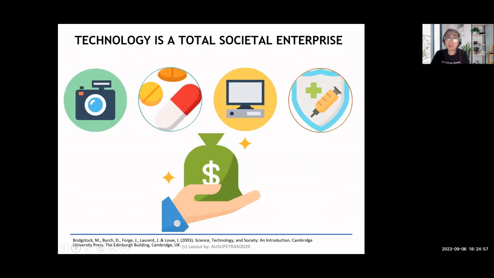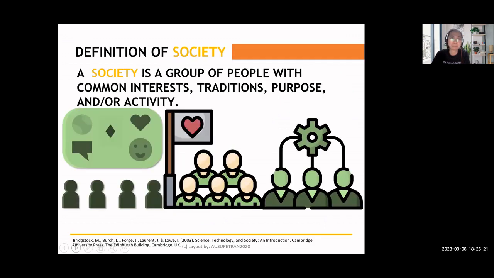Then I've mentioned before that technology is a total societal enterprise. Everything that we see in our society right now is actually driven by technology. We can see that in medicines, in information technology, in our health system, and in a lot of aspects of our society.